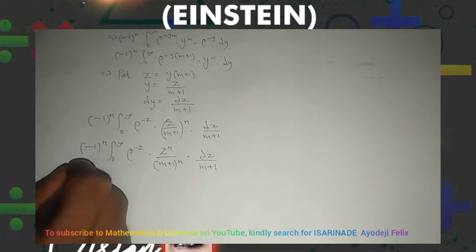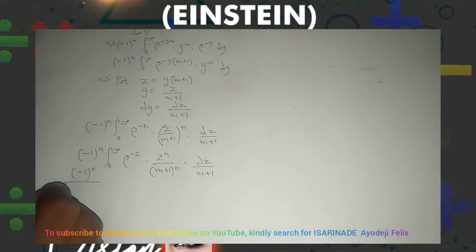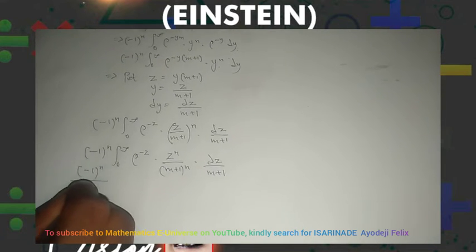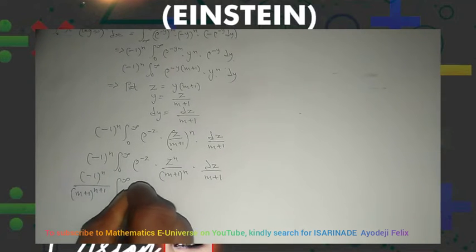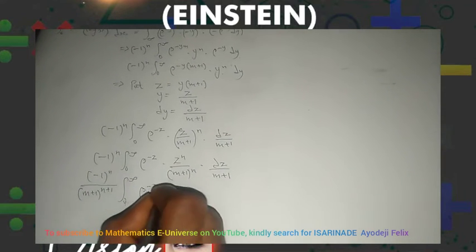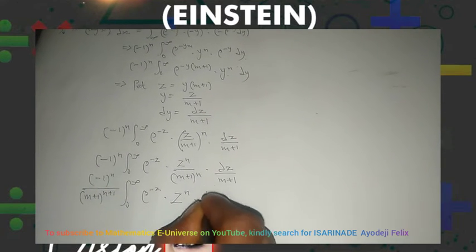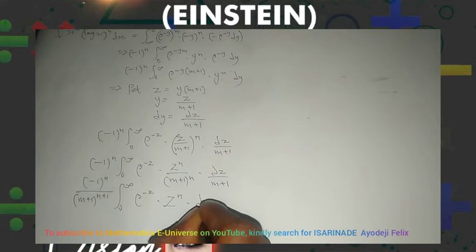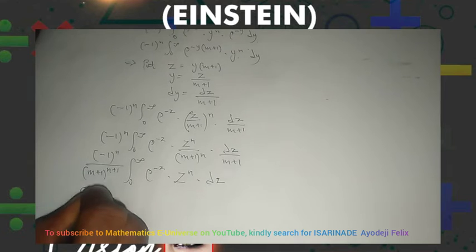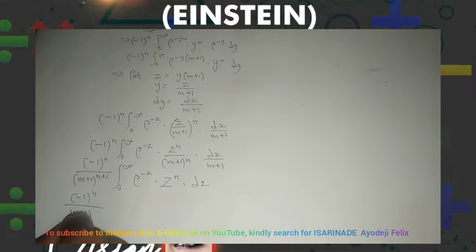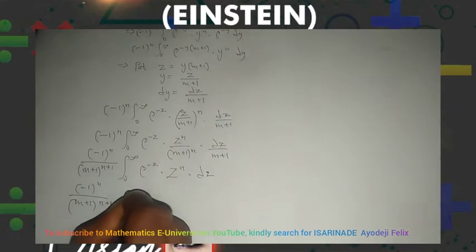So we can say that, bringing this together now, we have minus 1 raised to power n over m plus 1 raised to power n plus 1 integral from 0 to infinity exponential minus z dot z raised to power n dz.